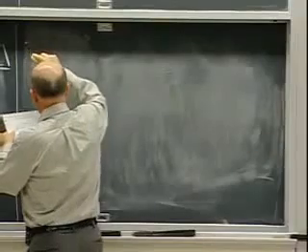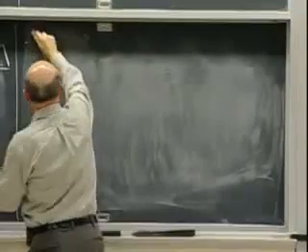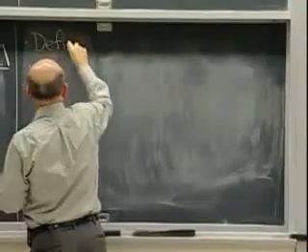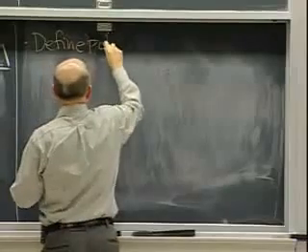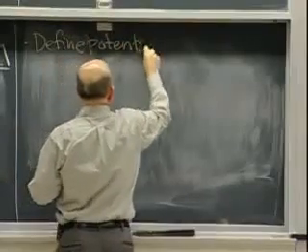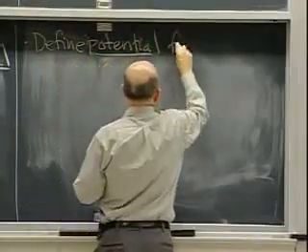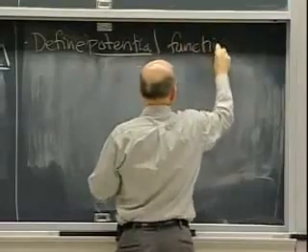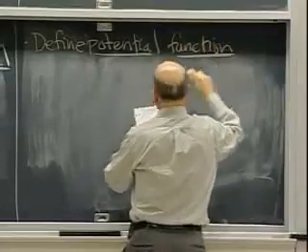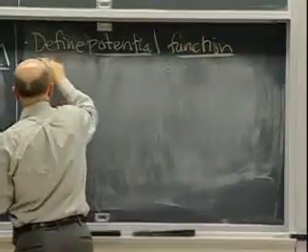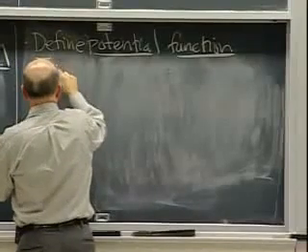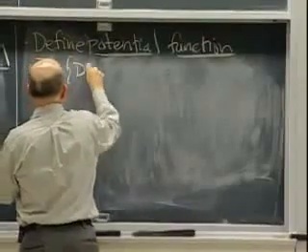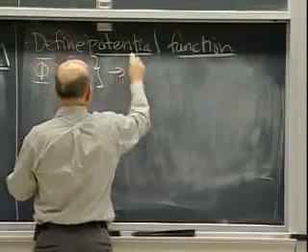Now what we're going to do is define the potential function phi, which maps the set of data structures into the reals.